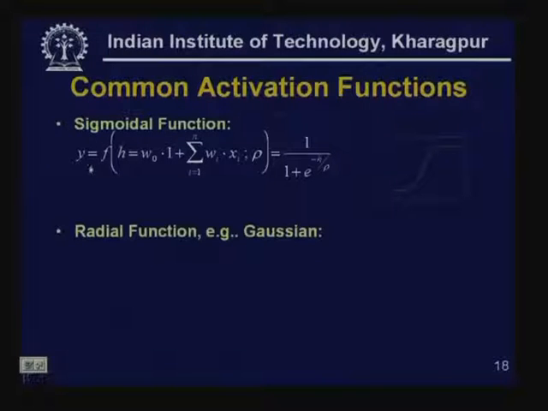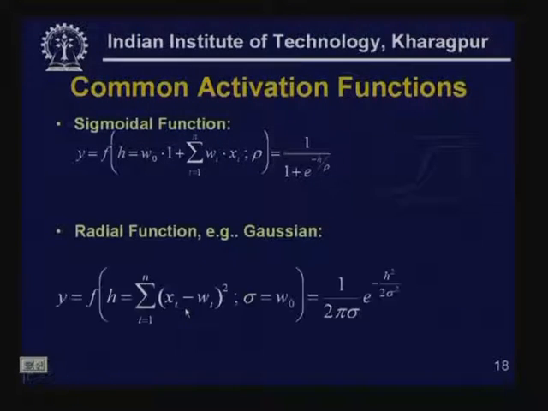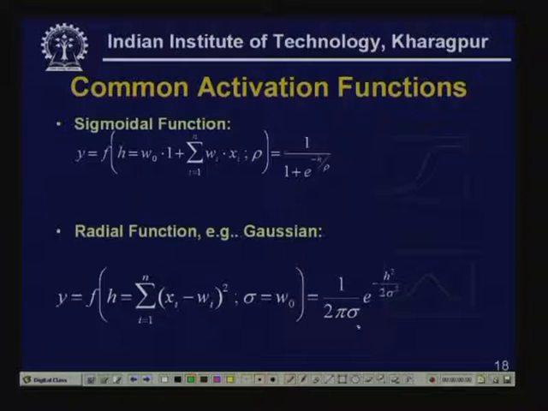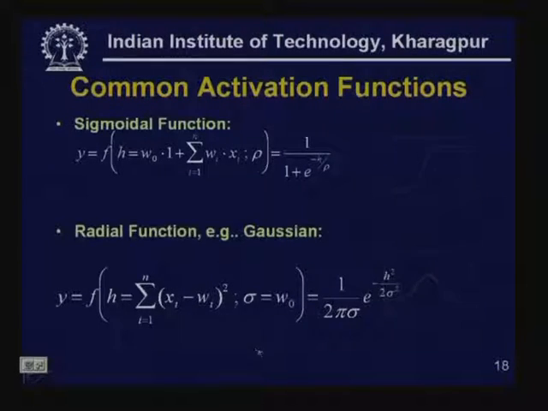Two such functions are, number one, the sigmoidal function, represented as y equal to 1 by 1 plus e to the power minus h, and the radial function or the Gaussian function, which is given by y equal to 1 by 2 pi sigma e to the power minus h square by 2 sigma square. The sigmoidal function and the radial function are examples of two functions which people have used in multilayered neural networks. In this class, we will mainly talk about the sigmoidal function.